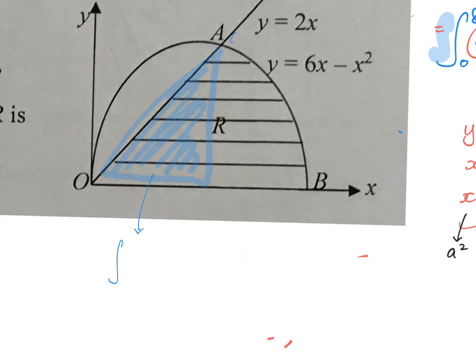Now because A is (4, 8), we acknowledge that this point is 4, and this point is 6. So this area will be the integral from 0 to 4 of 2x dx. And this area here would be the integral from 4 to 6 of 6x minus x squared dx.